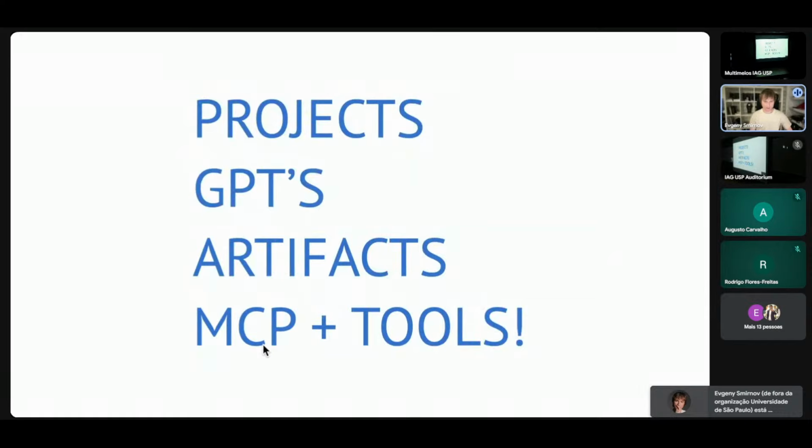The last line, MCP and tools. It looks complex. It sounds complex, but what are these things? MCP is a special protocol that allows different AI applications to interact with each other.